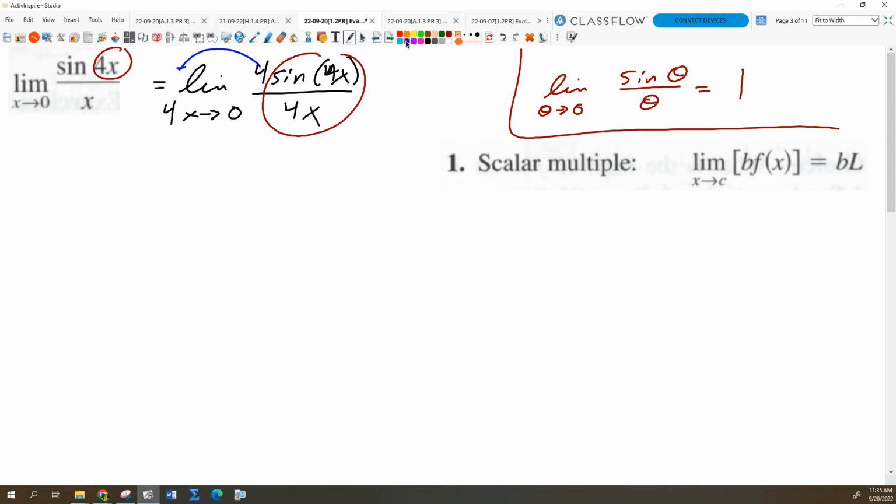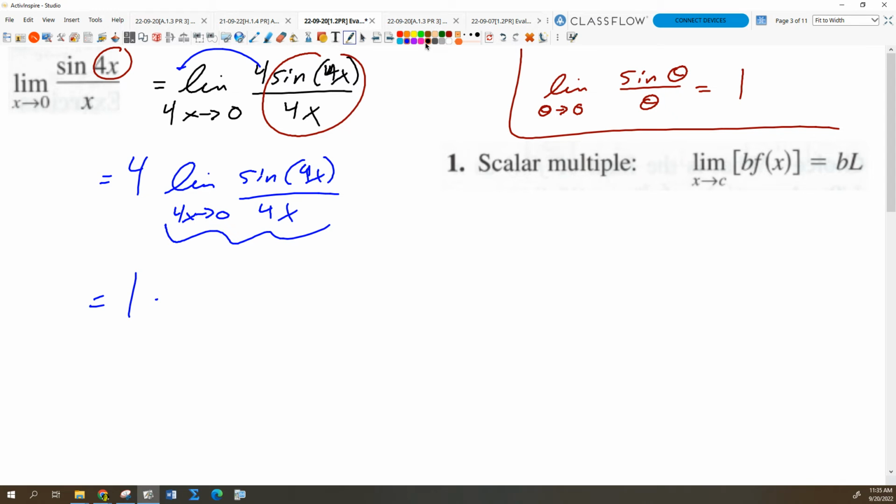So we end up with 4 times the limit of sine 4x over 4x as 4x goes to 0, which is 4 times, what's that limit equal to? 1. Everybody get that? Okay. Because it follows our pattern. So the answer is 4.